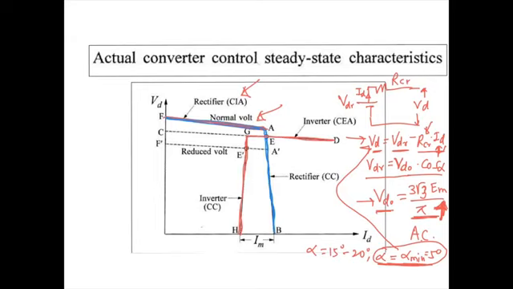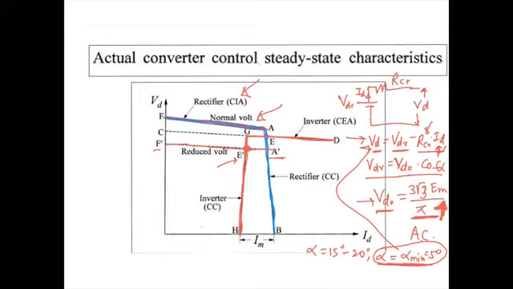Now if the characteristic GH is provided to the inverter, and if the voltage of rectifier has dropped so that the characteristic is F dash A dash, then this characteristic will cut the characteristic of inverter at point E dash, and there will be a new operating point, which is E dash.